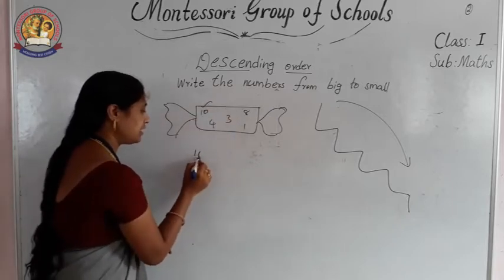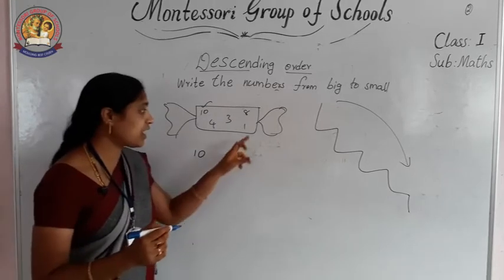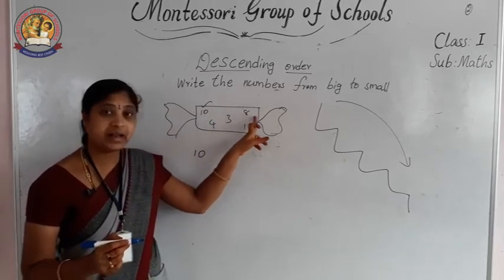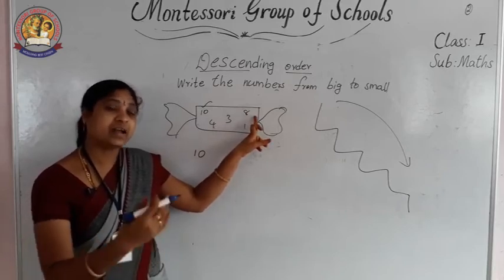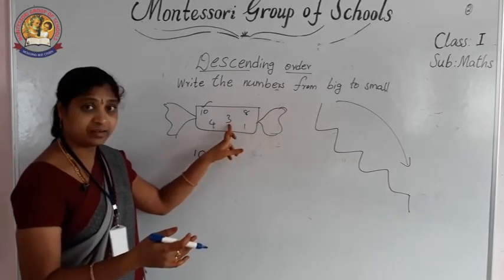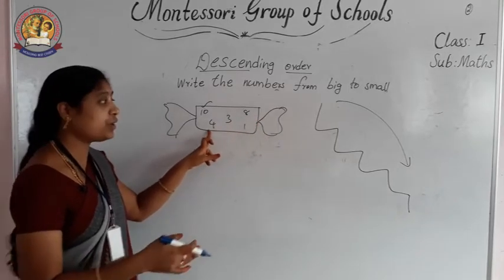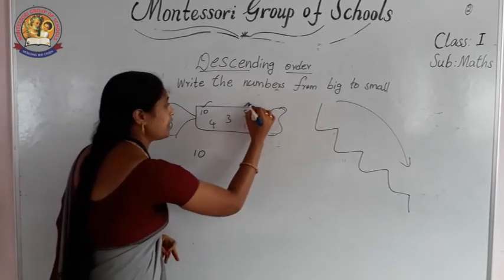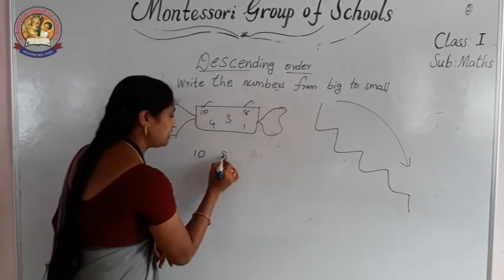Right, here 10. What do we have in this chocolate? 1, 3, 4 and 8. Next number, is it 3? No. 4? No. Tell me students, what is the next number? 8. Right, here 8.